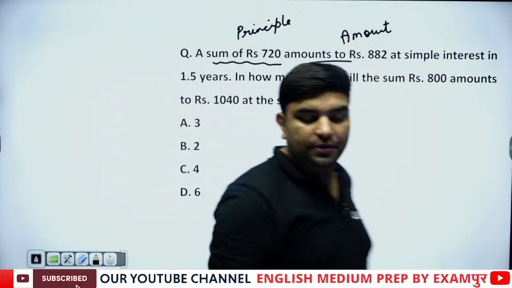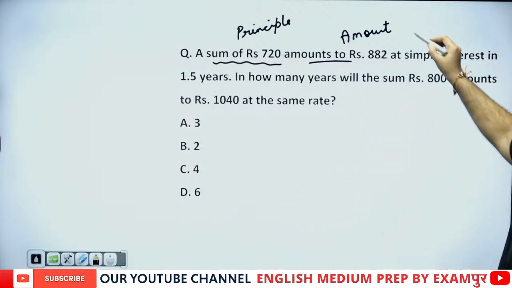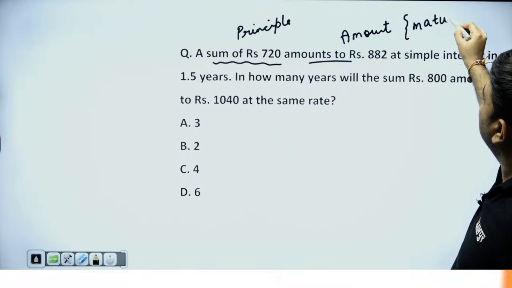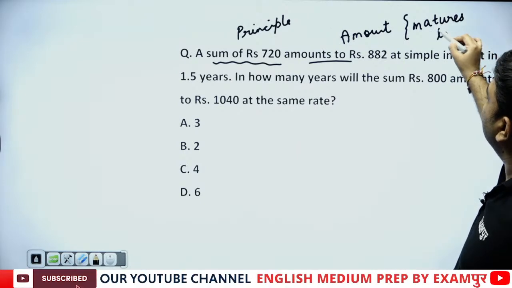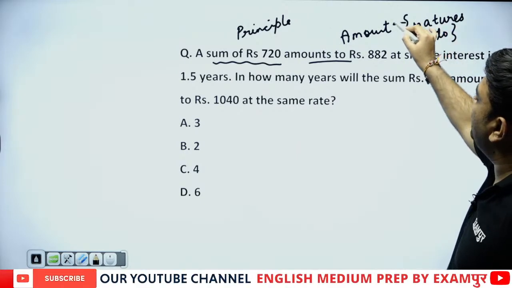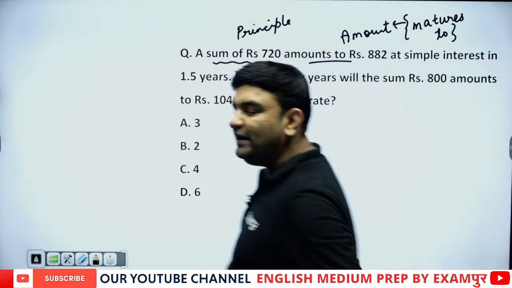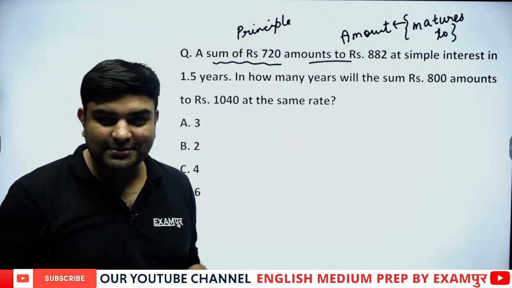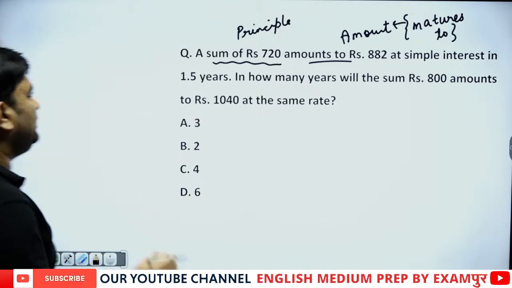Sometimes it would be written as matures to. Then also you will take that as the amount. Just do not worry about it.